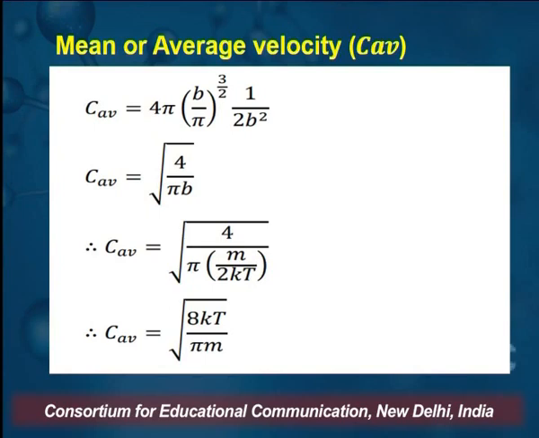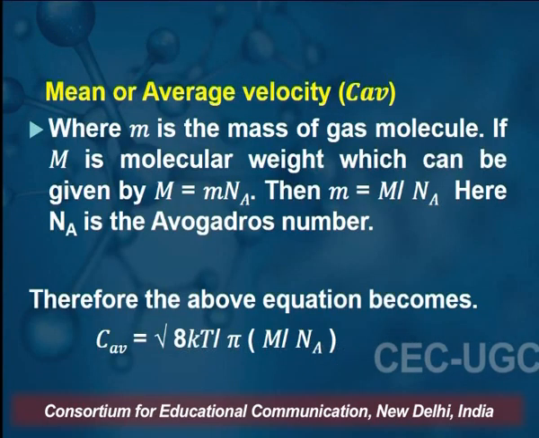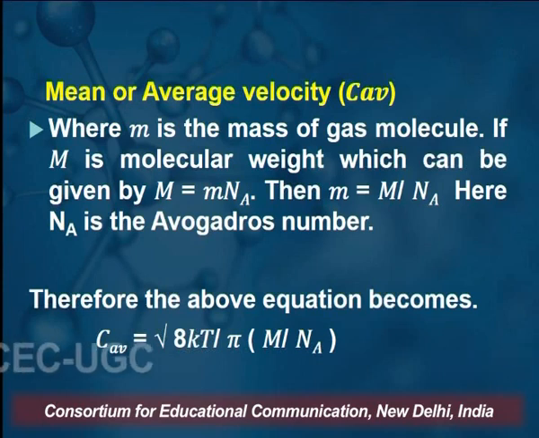8 is a constant, k is the Boltzmann constant, again a constant, pi is a constant. For a gas, m is a constant, T is the absolute temperature. So, basically C average depends upon T and m. m is the mass of a single gas molecule.